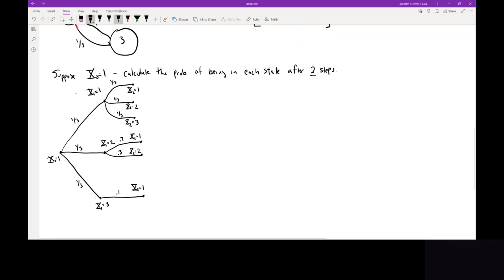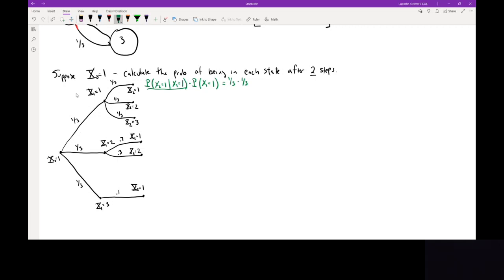Now I want to calculate the probabilities, starting with the green one. This is the probability that X2 is equal to 1, conditional on X1 being equal to 1, multiplied by the probability that X1 is equal to 1, which is 1/3 times 1/3. Now I only go to the ones that have X2 equal 1.